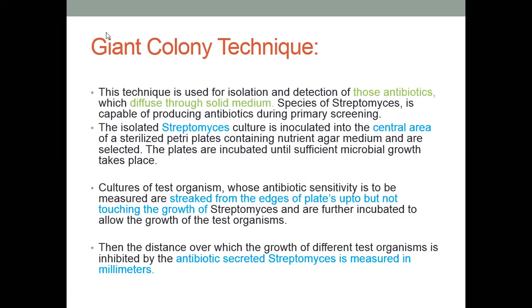So let me draw like I've been drawing for previous examples. Let's select a color and I will draw it for you. So what do we have here? We have a Petri plate.